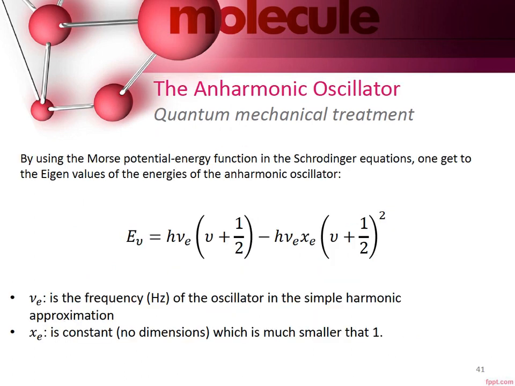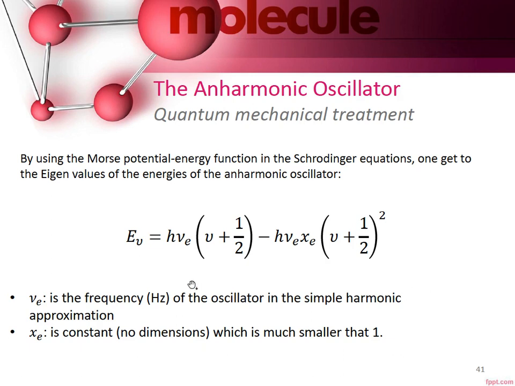I don't care about that. I care about this. Putting the expression of the Morse potential into the Schrödinger equation, doing the crazy math, we get this. This is the expression of the energy levels of the molecule when we consider it an anharmonic oscillator.